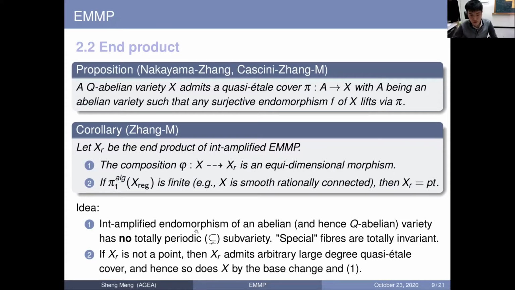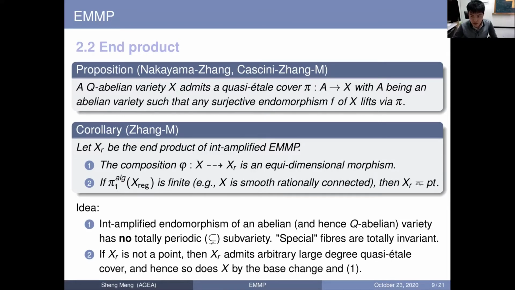Secondly, we note that the special fibers are totally invariant. Here, special fibers means, for example, the higher dimensional fibers, or the non-irreducible, or reducible fibers. And the images of these fibers are totally invariant. So these two arguments imply that it must be well defined, and all the fibers have the same dimension.